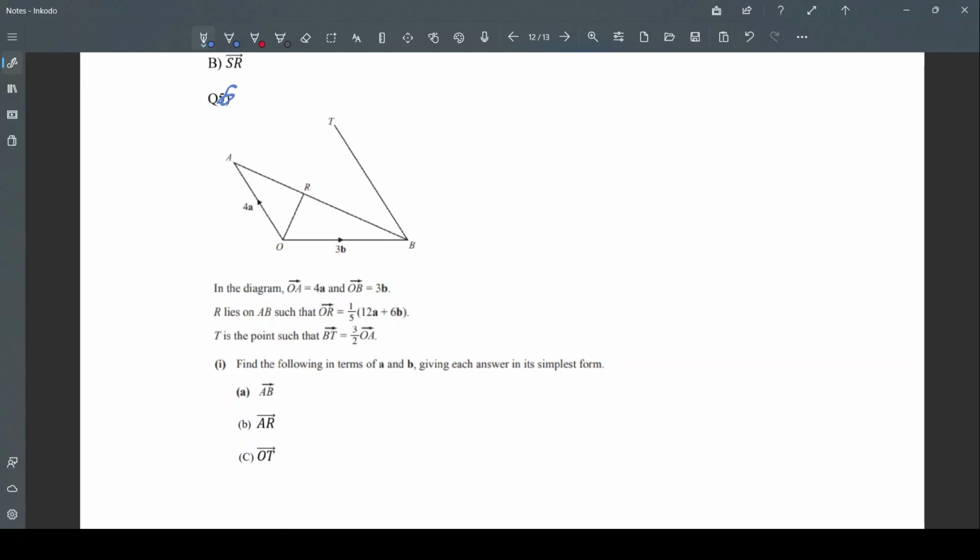So here we have a diagram in which OA is 4A, OB is 3B, and R lies on AB such that OR is 1 by 5 of 12A plus 6B.